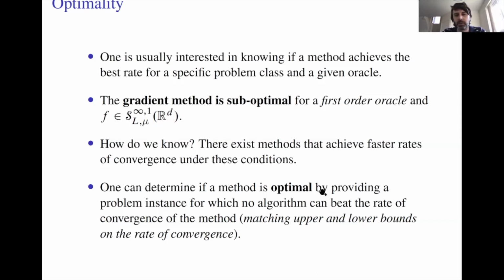This is a very typical concept in various optimization and statistical or machine learning settings. You often have upper bounds for some convergence, and lower bounds which say no method can converge faster than a certain rate. If these two quantities match, then you know your method is optimal. In convex optimization, you can do exactly the same thing. In the book, there are various problem descriptions of difficult problems where no algorithm can outperform a certain stated rate. Okay, so I'm not going into detail here.